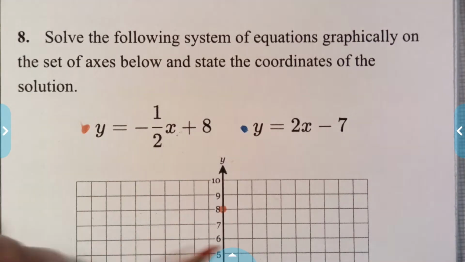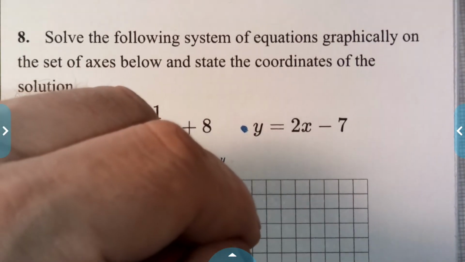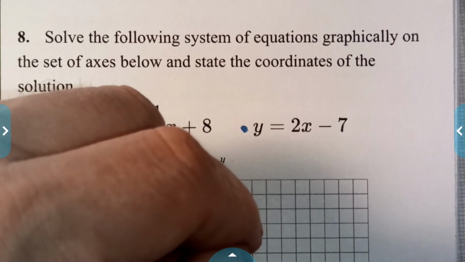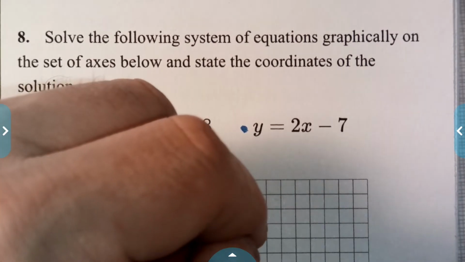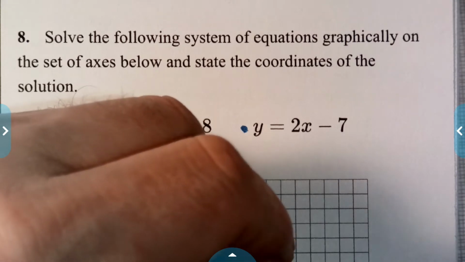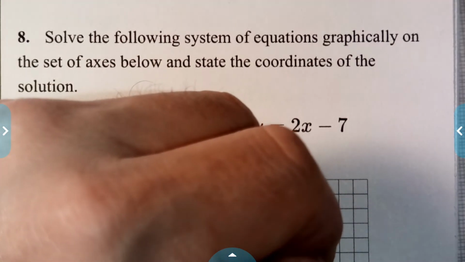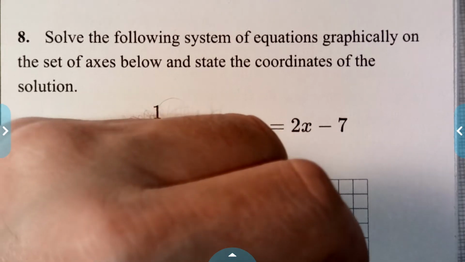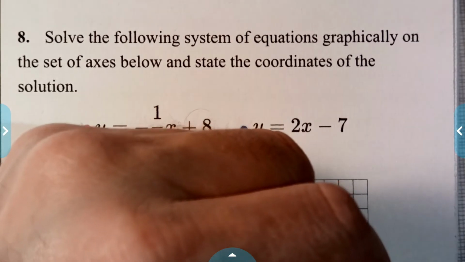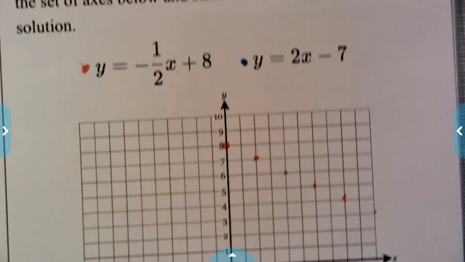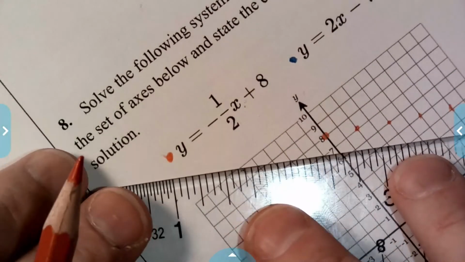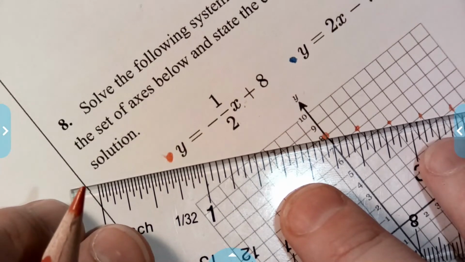So that's down 1 over 2. Down 1 over 2, and so on. Okay. So I got a whole bunch of points there I can use to plot my line in.